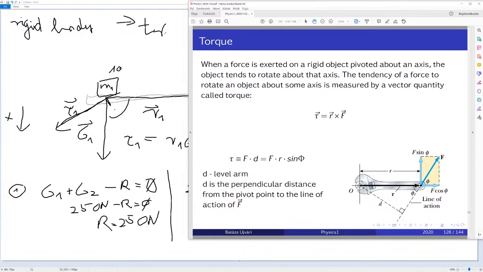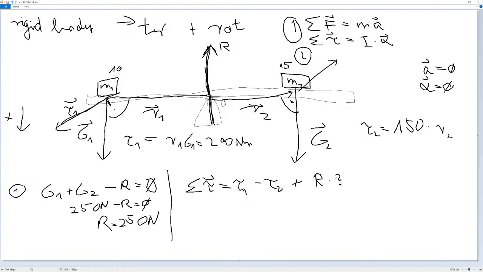Thanks, Sarah. So it's R times 0. This part we can forget. This force does not rotate the system.